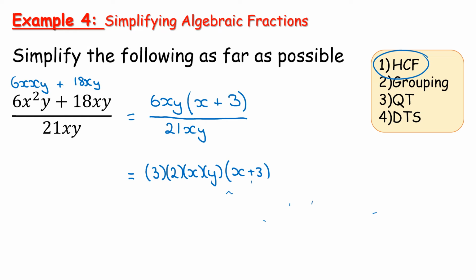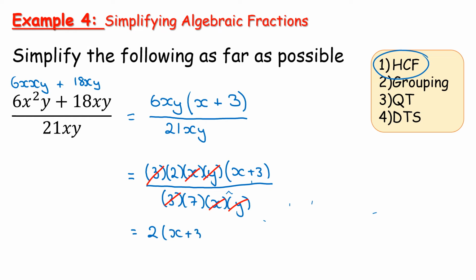And then on the bottom line, we're going to split that into 3 by 7 by x by y. So we have a 3 in common here, an x in common, and a y in common. All of them can cancel because they're all multiplied. That leaves us with 2 times x plus 3 all over 7.